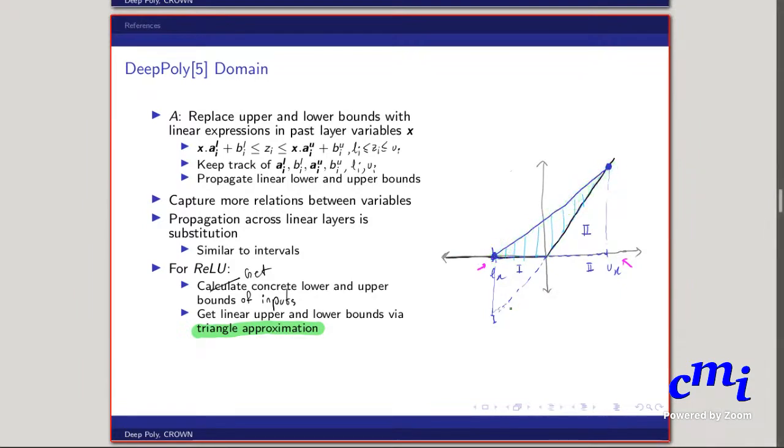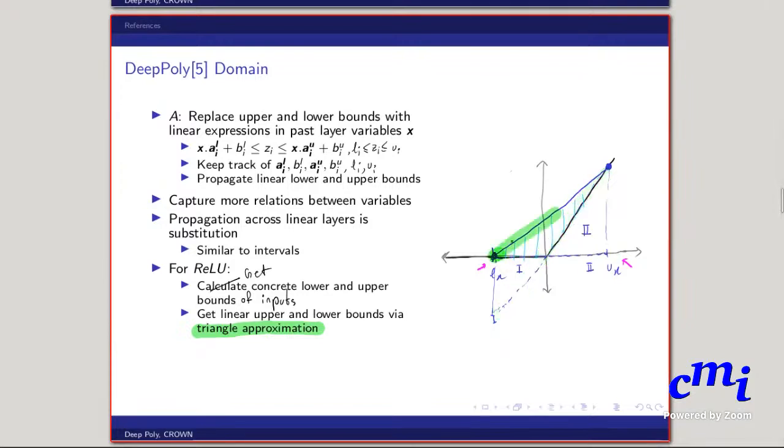But what about lower bounds, right? So for lower bounds, what they say is that you have two choices. So you can either take this line, which is X equal to 0, right? Or you can take this line, which is X equal to X, right? So this is one potential lower bound that you can take, and this is another potential lower bound, right?